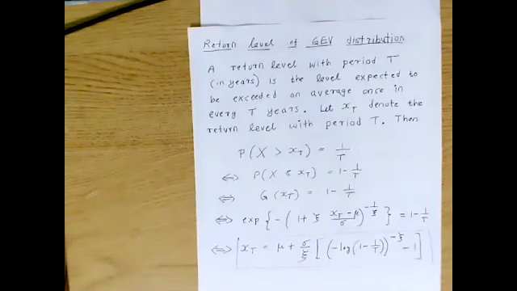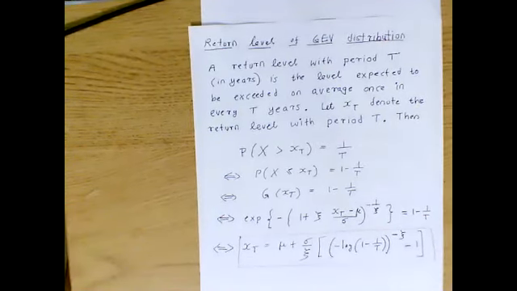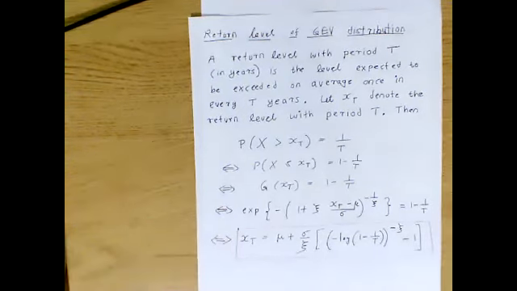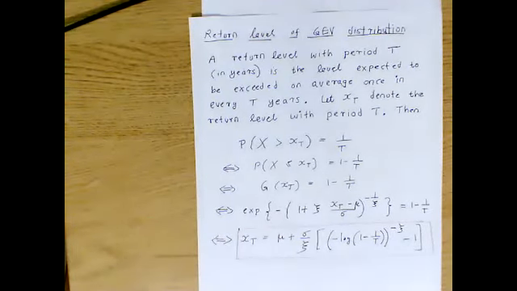And for the GP, it is slightly different, because in GP you don't pick just one data point for every year, but you pick a certain number of exceedances every year. So the formula for the return level for GP is slightly different. You should look at it.